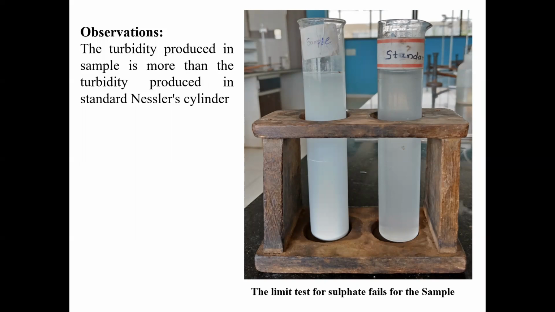If you check the two Nessler cylinders, the sample is having more turbidity compared to the standard. So what it shows is that the limit test for sulfate fails for the sample, right? Why is it happening? Because the sample is having more turbidity when compared to the standard Nessler cylinder.